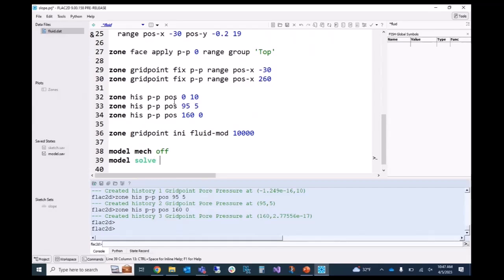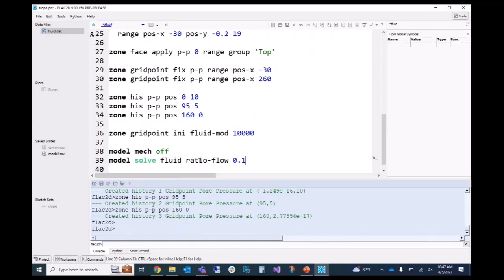So you can say something like model solve fluid ratio flow and give some number. We'd have to look in the documentation to figure out exactly what this means, but essentially, it's some sort of balancing of the fluid flow to tell you that it's reached some sort of convergence.